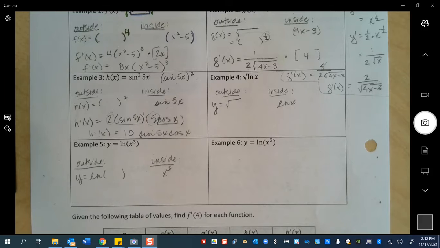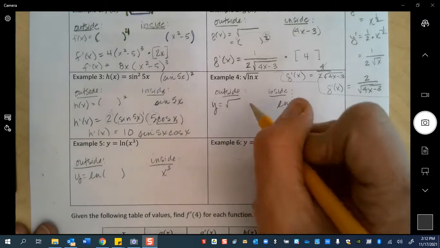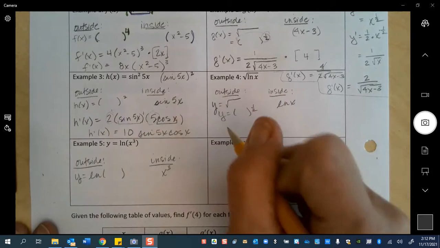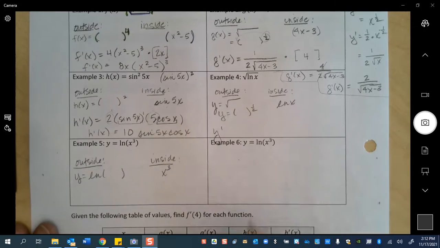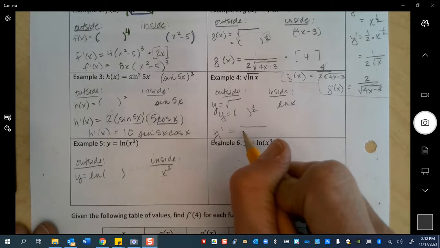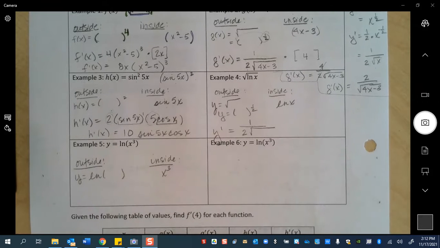All right, so let's talk about this one. My outside function is my square root. And again, if you need to think of that to the 1/2 power, that's fine. But when I'm finding my derivative, I know that that 2 is going to be there, and that's going to result in something to the negative 1/2 power. So I can kind of just jump ahead to that.